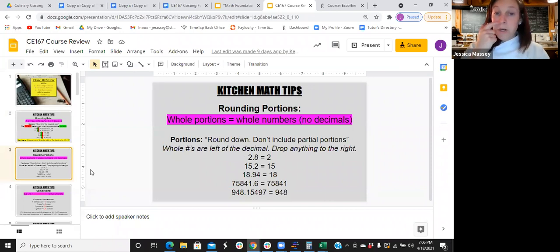When you're rounding portion serving sizes, you don't round. This is the only time you're not rounding. Everything to the right of that decimal falls off. You cannot serve a partial portion or a partial serving. So if you have 5.9 cheeseburgers after doing your how many portions do we have, how many servings do we have, you only have 5, because you can't serve somebody a part of a cheeseburger or part of a pasta dish or whatever you're talking about.